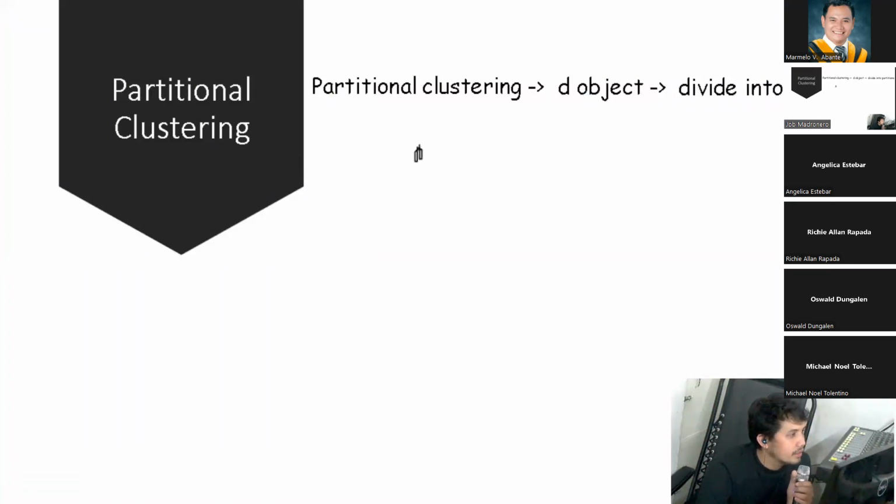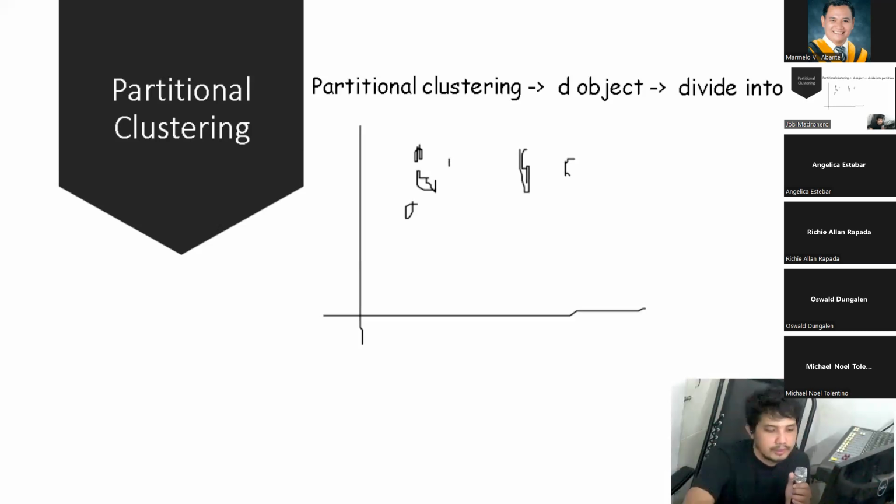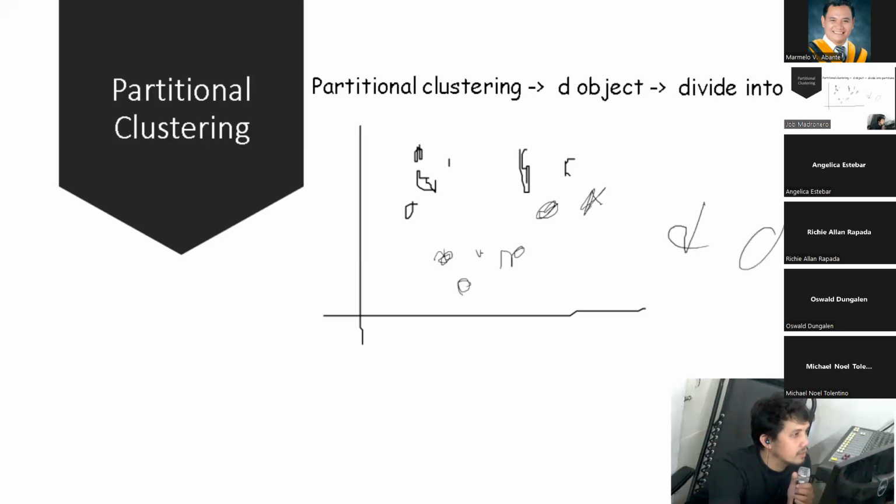For example, these are data. These are the X and Y axis, and these are data. We call them the objects, and we will divide them into partitions. By eyeballing, it seems like we can divide it into 3 partitions.